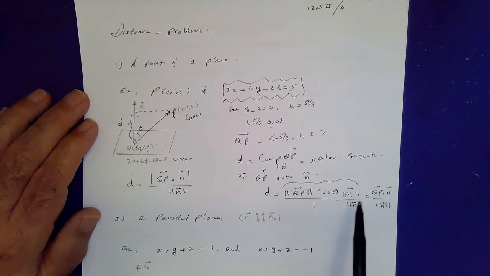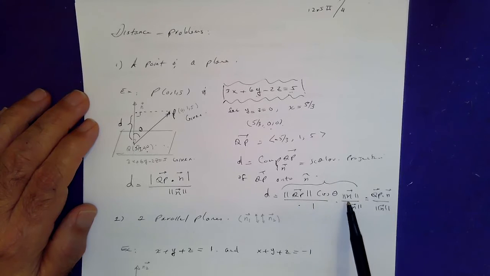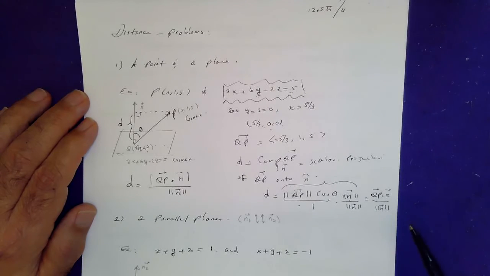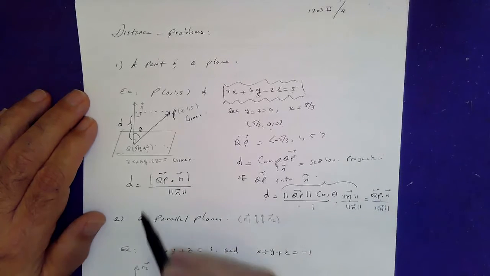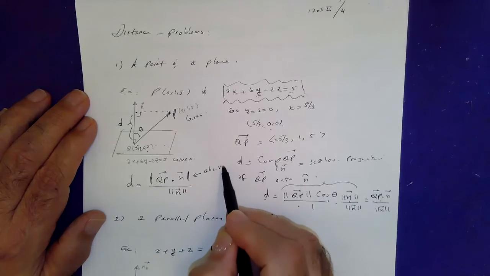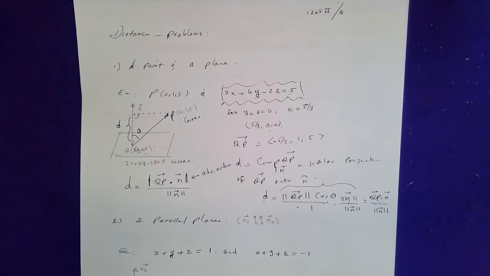Remember the dot product, the alternative formula was what? The dot product of A and B is the magnitude of A, the magnitude of B, times the cosine of the angle between A and B. And remember, theta goes between 0 and pi. Because this is distance and the dot product may come up negative, we use absolute value bars. Yes, so that's basically how you find it.